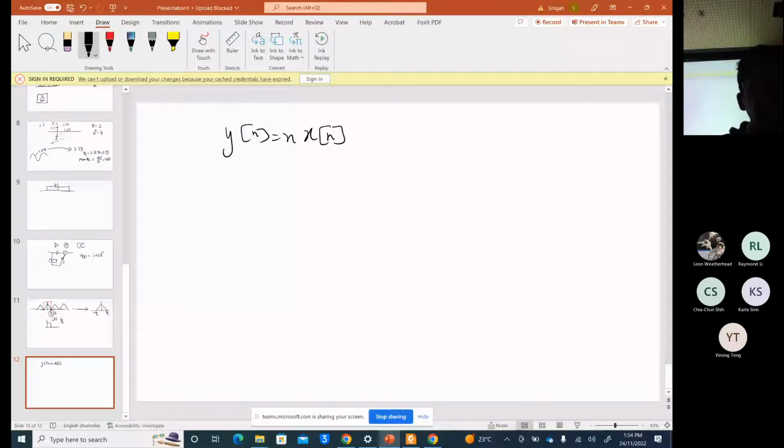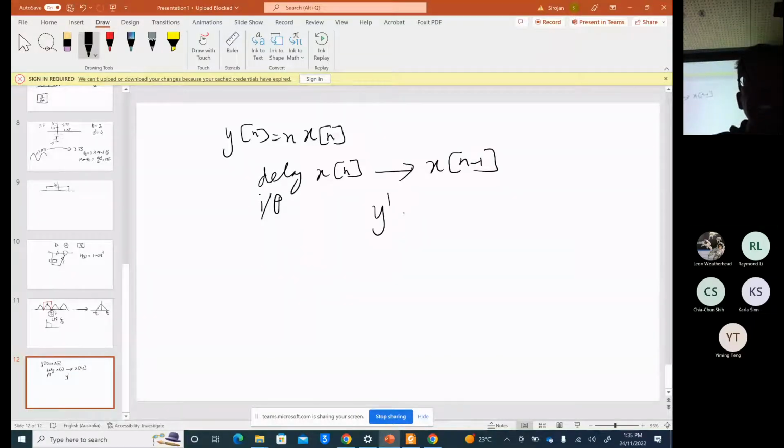Time invariance means first you delay the input, so x[n] becomes x[n minus n naught]. Let's say you have y dash n, which is n into x[n minus n naught]. That is the first thing.